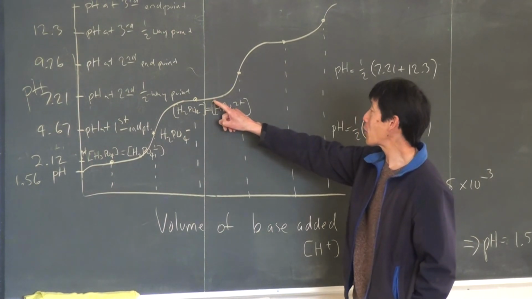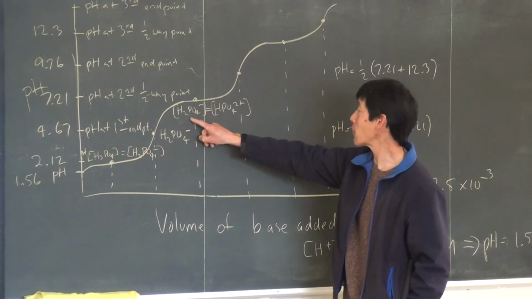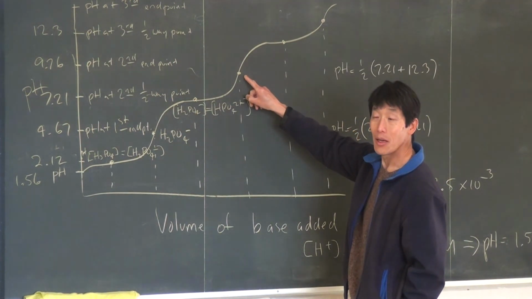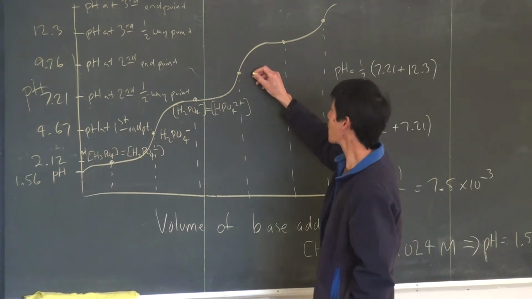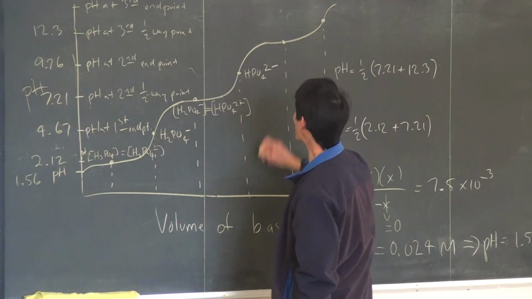As the titration proceeds, we're going to have less H2PO4 minus and more HPO4 2 minus, and at the second endpoint, the substance which is present is HPO4 2 minus.